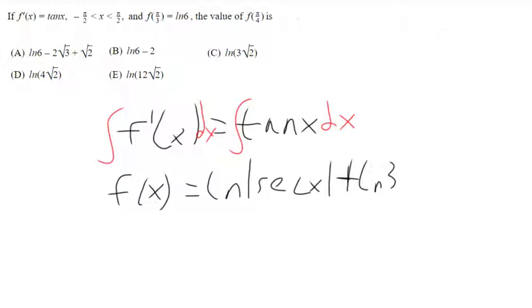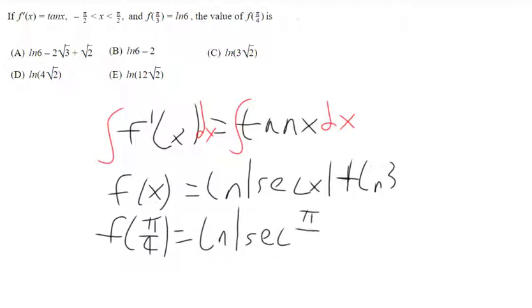So f of pi over 4, I can write, is going to be natural log, absolute value, of secant of pi over 4 plus natural log of 3.